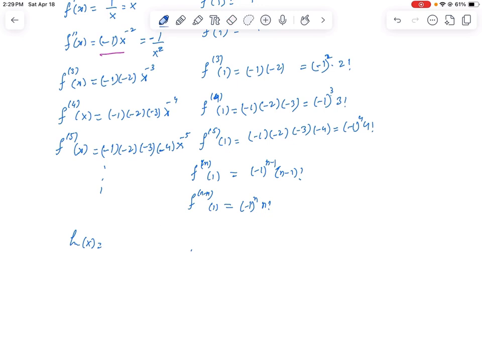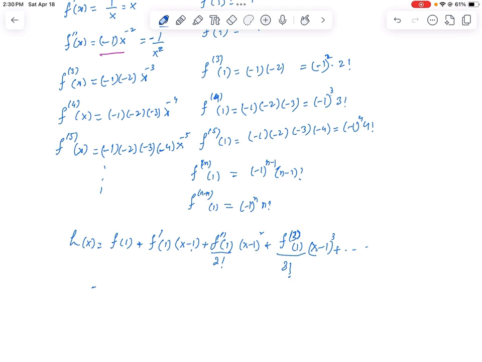So it will be f of 1, the first derivative times x minus 1, plus the second derivative divided by 2 factorial times x minus 1 raised to the power 2, plus the third derivative valued at 1 divided by 3 factorial times x minus 1 raised to the power 3, and so on.